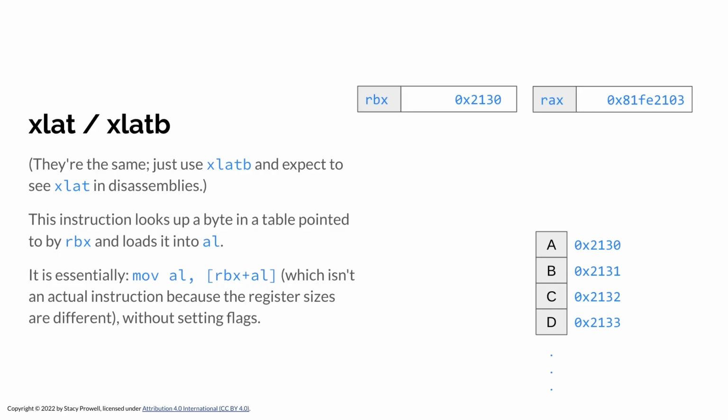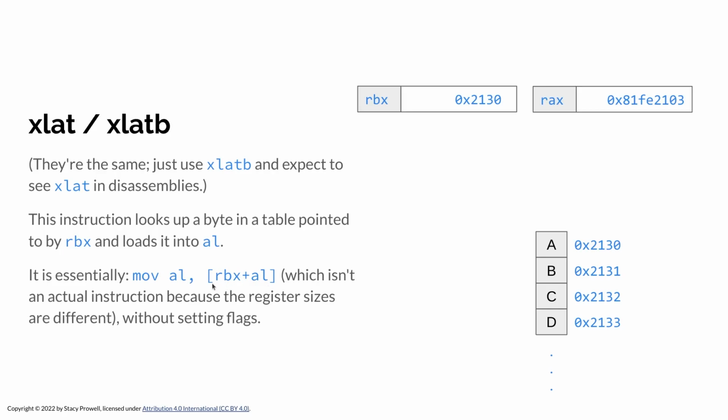The effect is basically to take RBX, add AL to it, read the byte contents of memory at that address, and stick it in AL. That's what it does. Okay? That's not a real instruction because I can't do this part right here.